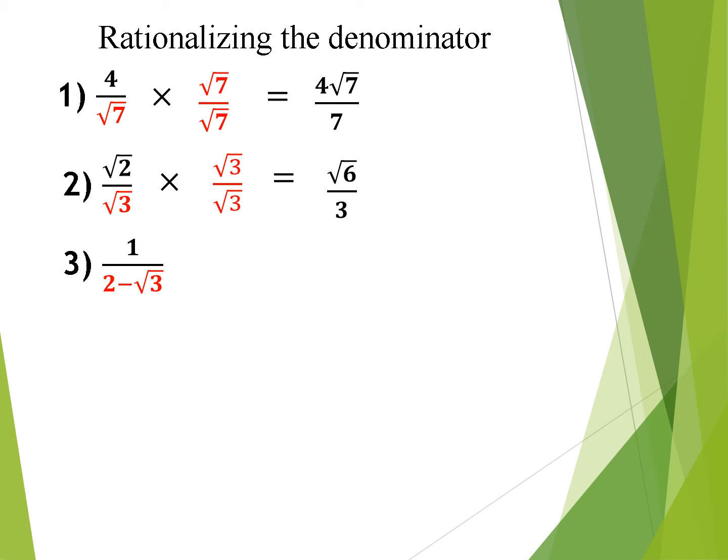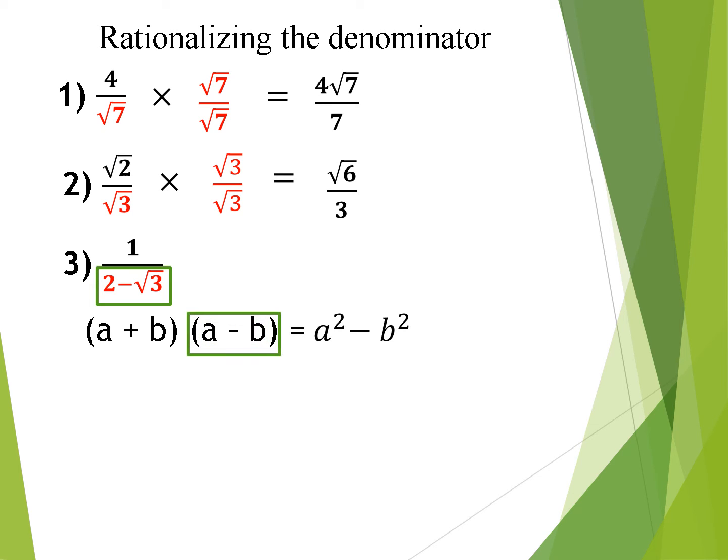Here it is 1 upon 2 minus root 3. To understand this, let us recall one identity which we have already learned prior. That is, a plus b into a minus b is a square minus b square. What is given to us? 2 minus root 3. That represents a minus b, right?